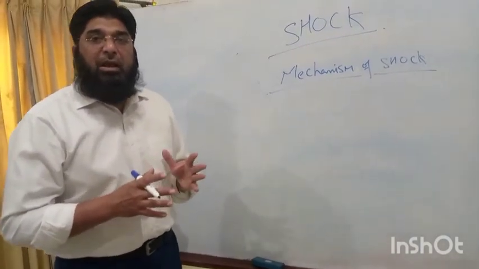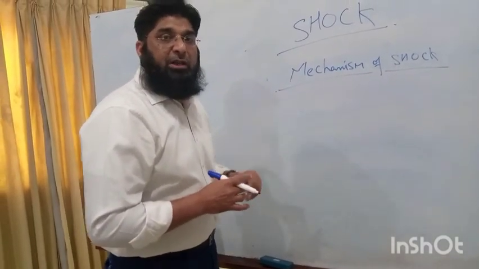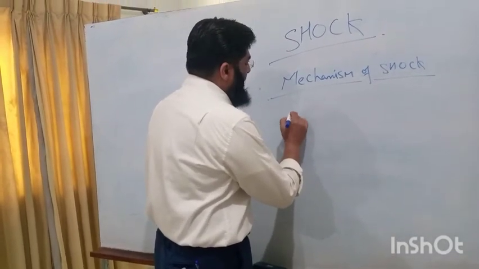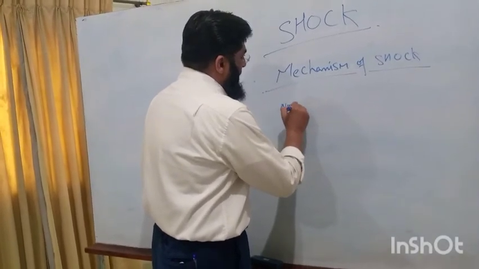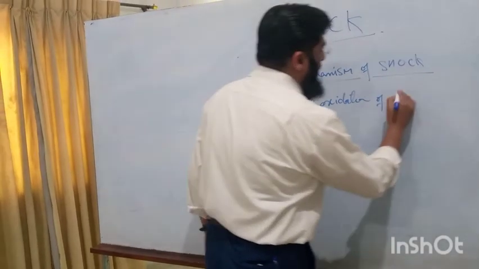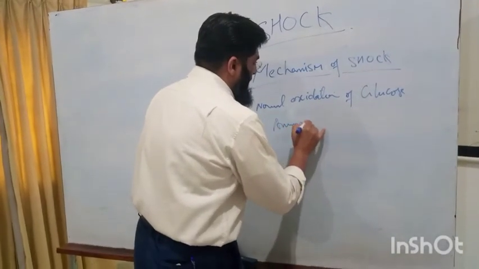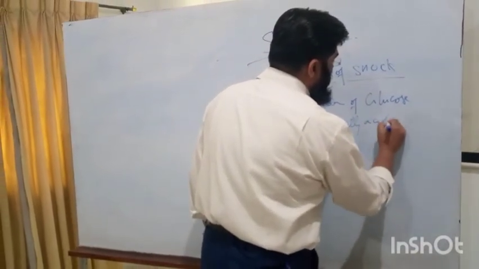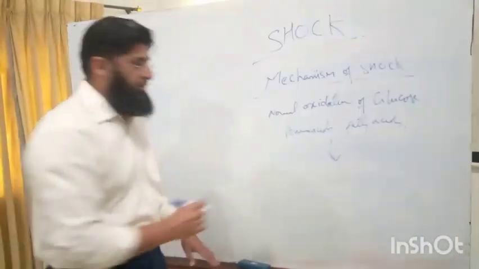Now what happens? The body mechanism converts from normal oxidation of glucose, amino acids, and fatty acids into glycolysis.